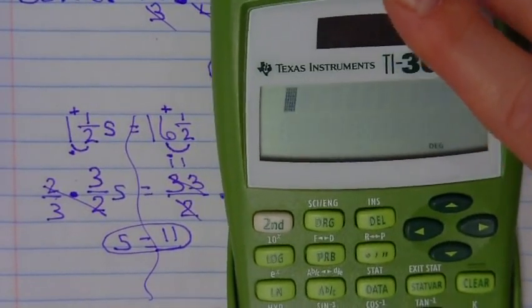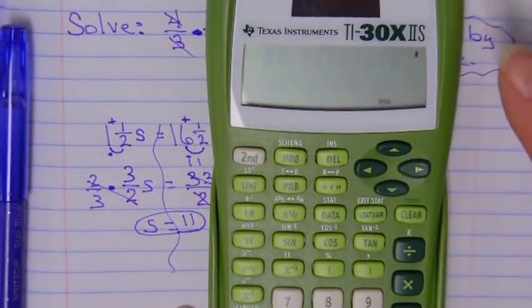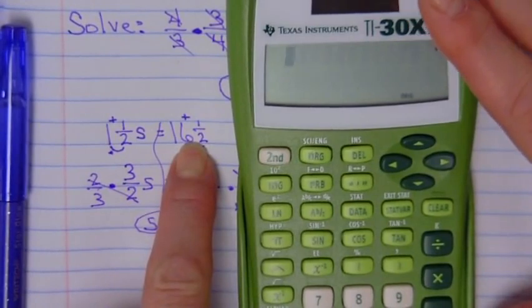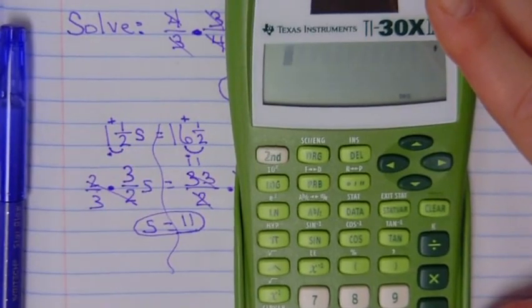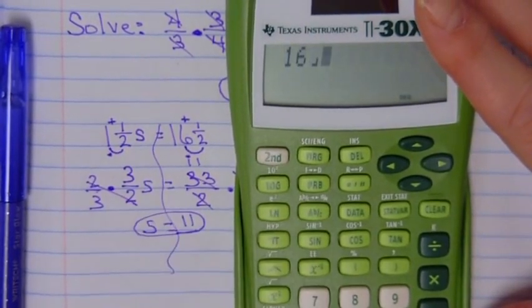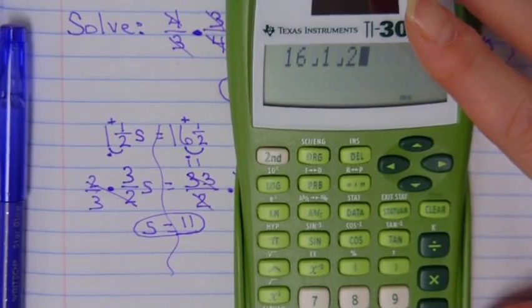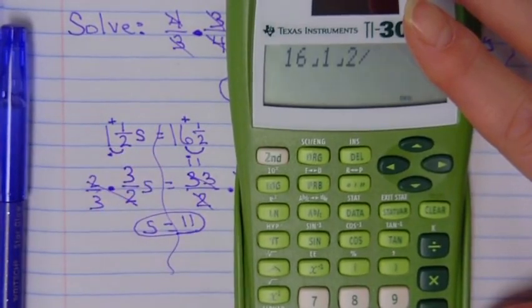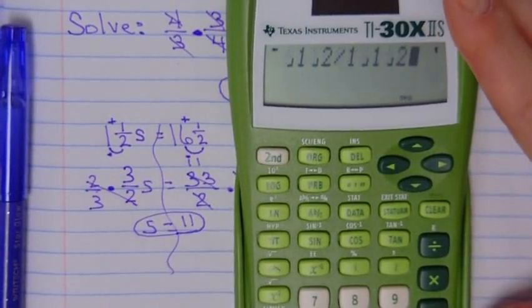So what I'm going to show you on the calculator is how to divide this number by that number. So we go 16 ABC, 1 ABC, 2. That is 16 and 1/2. Then we hit the divide key, and then we hit 1 ABC, 1 ABC, 2.